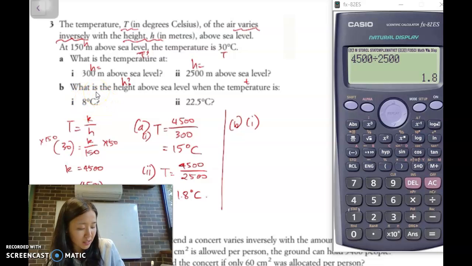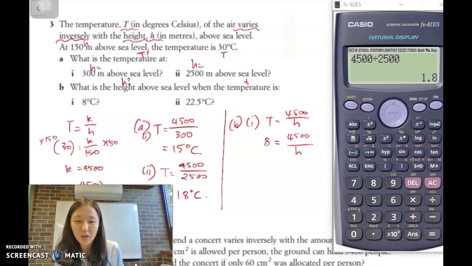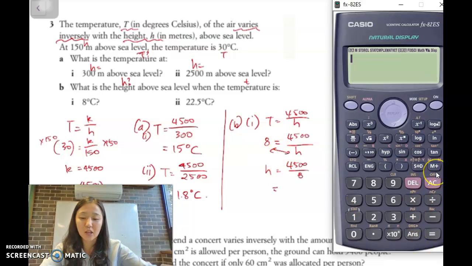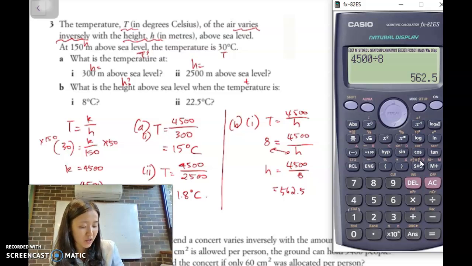My equation was T is equal to 4,500 over H. T is 8 degrees in part I, so that's what I'll write down for T, and then solve for H. The trick here to solve for H is switching the denominator with that number there. So H is equal to 4,500 over 8, and that will be my value for H, which is 562.5, and our unit is given here. It needs to be in meters.